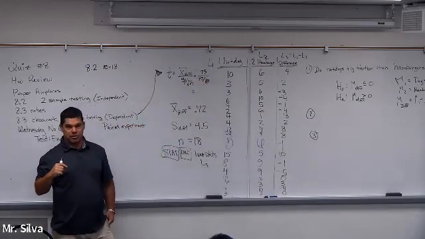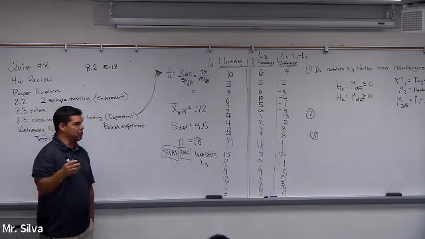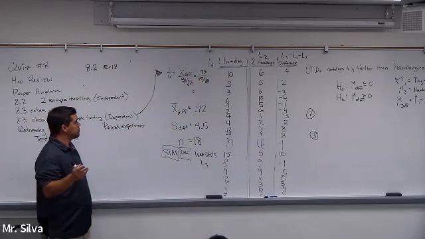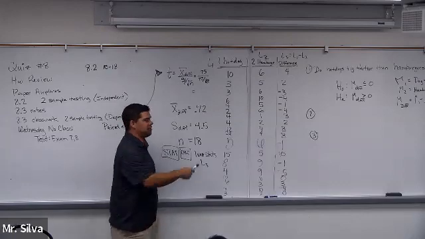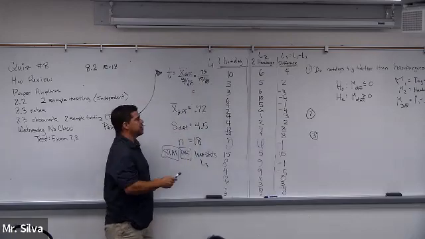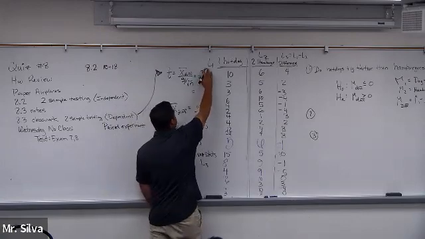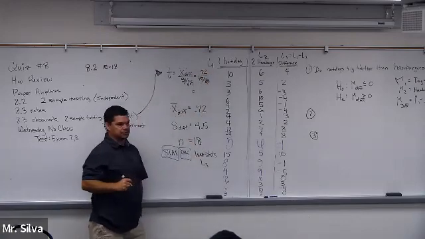A number close to 0 tells me there's no difference. A number like above 2, 3, or 4, that means there is a difference. Some people made a mistake on quiz number 8 because you try to do the math on your calculator and you ran into errors, okay? I usually do the denominator first and then do 0.72 divided by that answer.